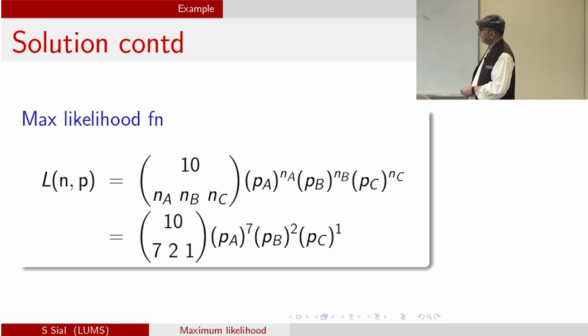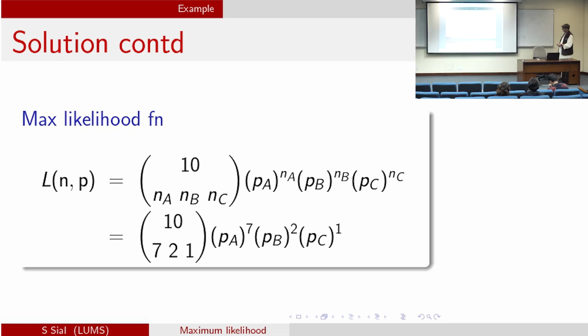Okay. Now, in our particular case, the maximum likelihood function, we had results for a, b, and c. We had a 7 times, b 2 times, c once. So if we put these in for n sub a, n sub b, and n sub c, then this is the function.